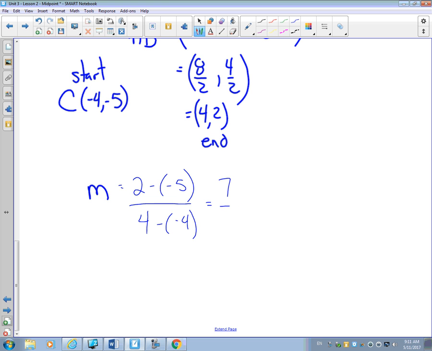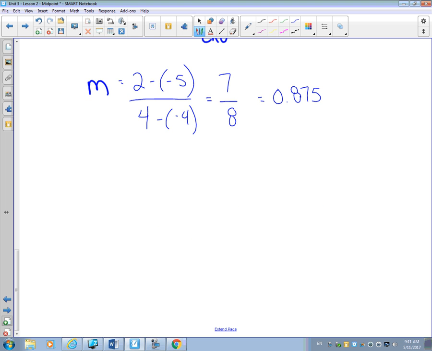That's going to give us 7 over 8. Oh, fractions. Nothing wrong with fractions. You like fractions? Totally fine. If you want to change that to a decimal, you could do that. I'm going to do the question in fractions. But if you want to do it in decimals, that would work. Don't round the decimal, though. Keep all of it, 0.875. If it came out to a decimal that was messy, 0.33333333, you would have to do it in fractions, okay? I'm going to do it in fractions just so we know where things are coming from.